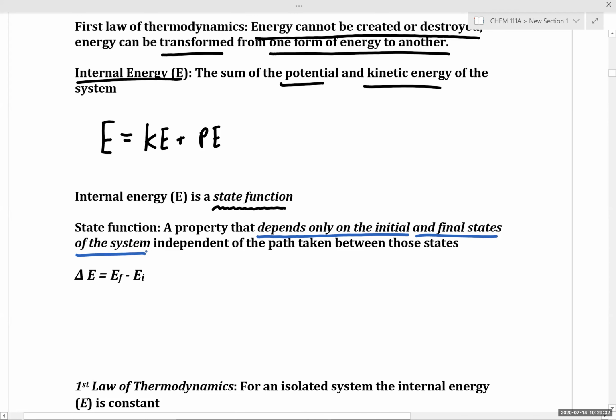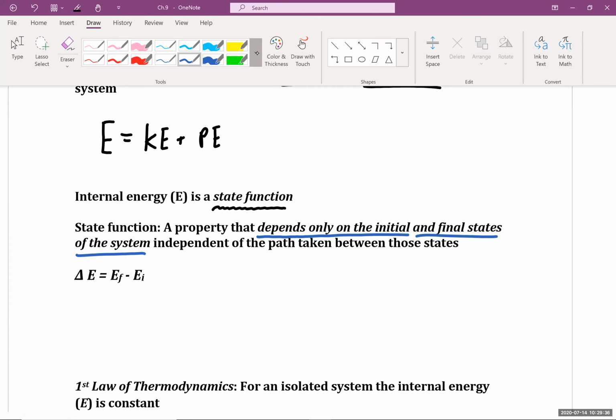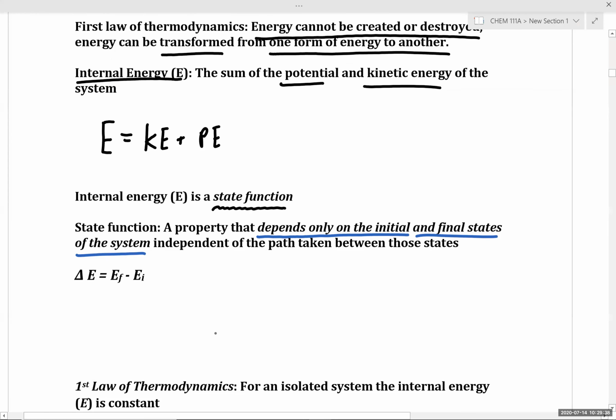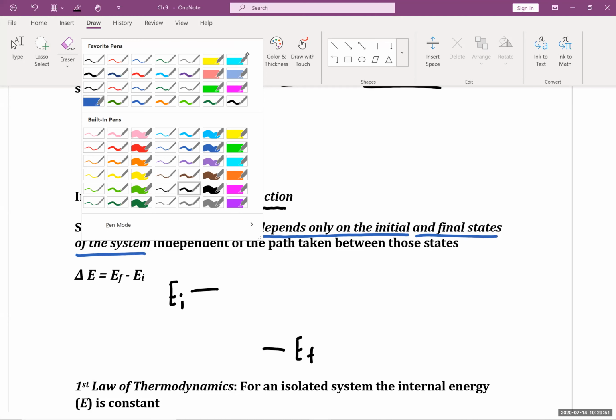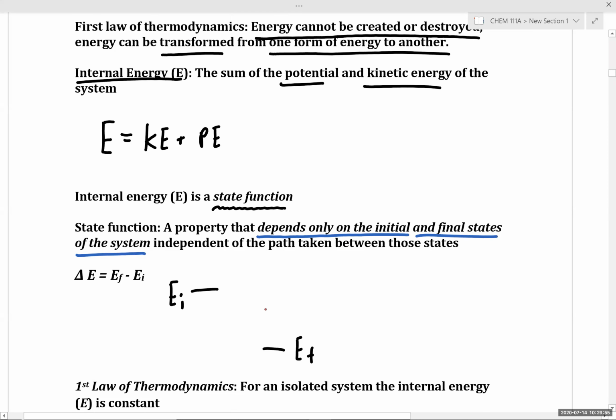So we only care about the initial and final states. For example, if this is our initial energy and this is our final energy, it doesn't matter what intermediate steps we use to get there.